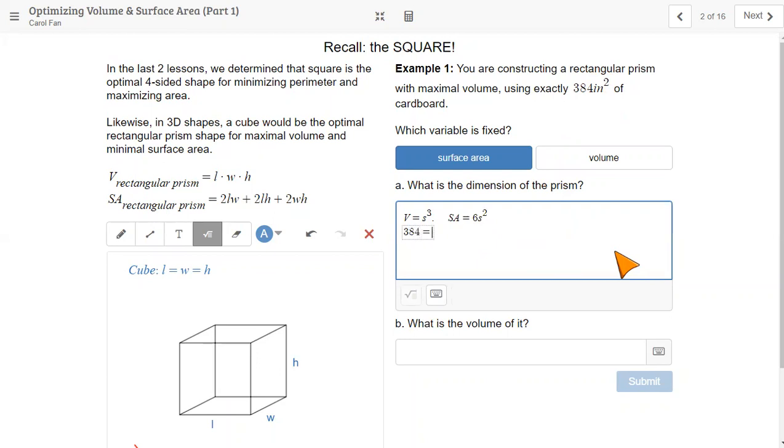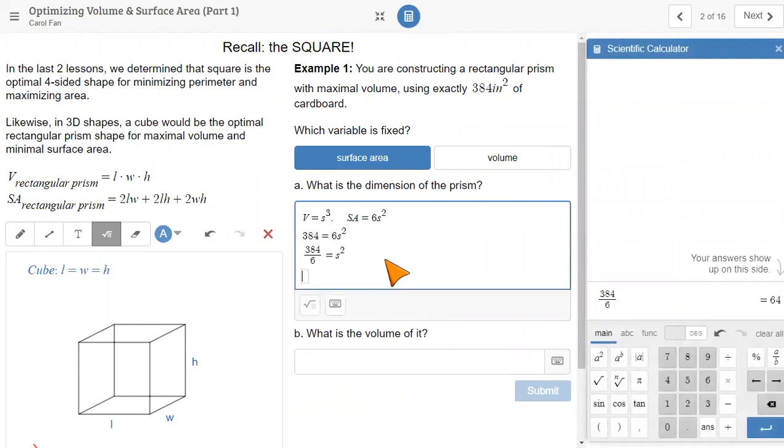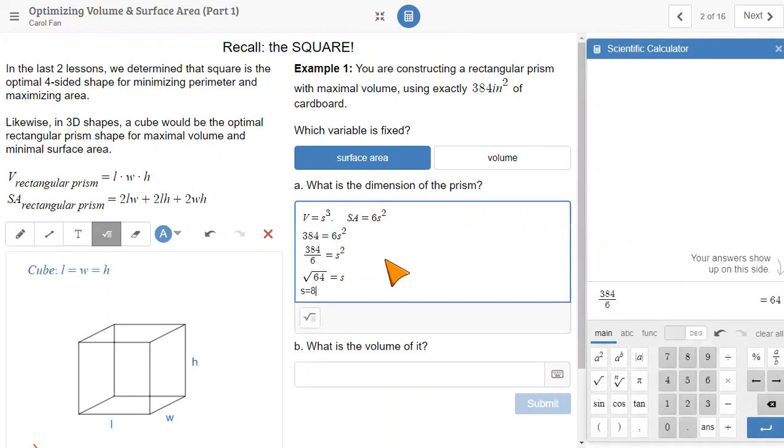384 is equal to 6 s squared. 384 divided by 6 is equal to s squared. And then we have the square root of 64 is equal to s, and s is equal to 8.